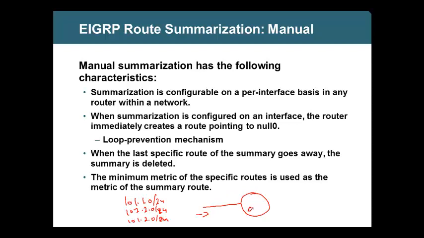If I say auto summary, it will not advertise all these 10 networks. It will simply advertise only 10.0.0.0/8, the major network. It will round to the major network. That is auto summarization, which we saw in the previous page.